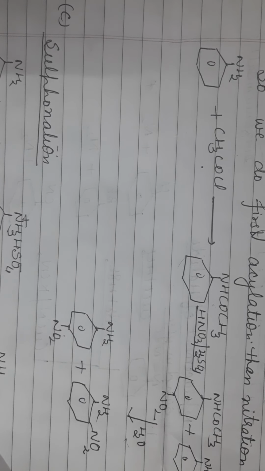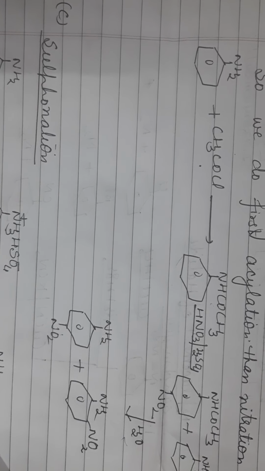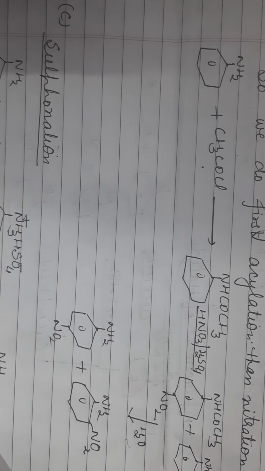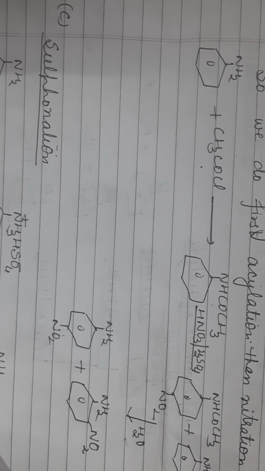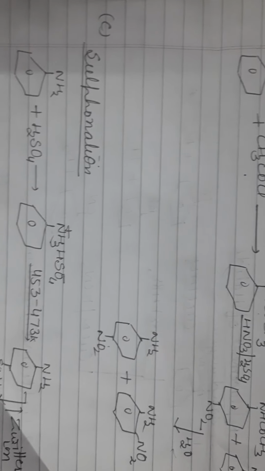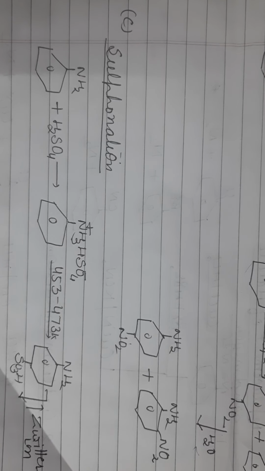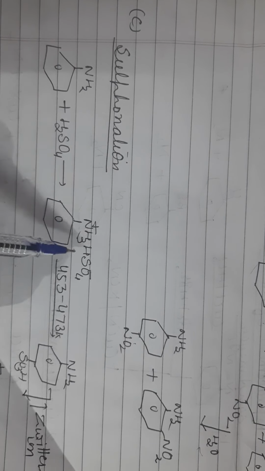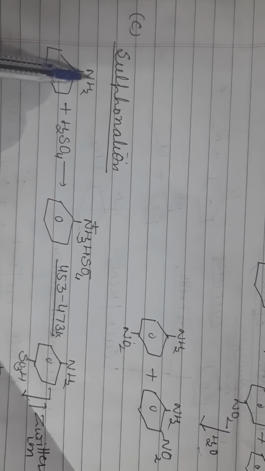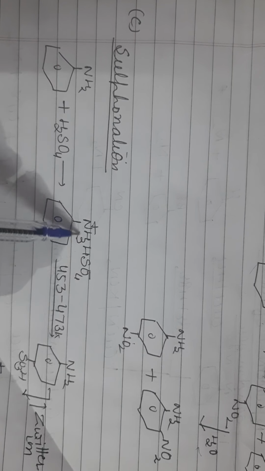Now, the next reaction is sulfonation, which is very important from the exam point of view. In sulfonation of aniline, this is a base, this is an acid, so they first form a salt. This gives H ion and forms anilinium hydrogen sulfate.